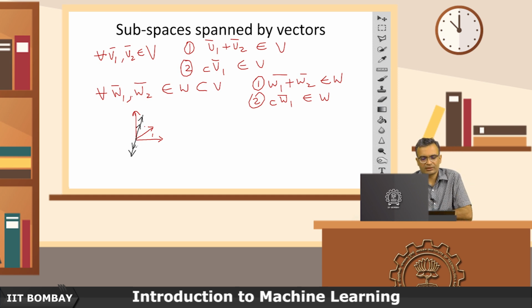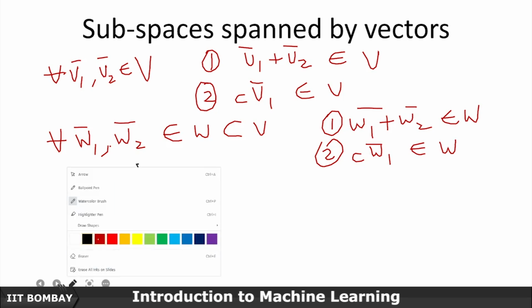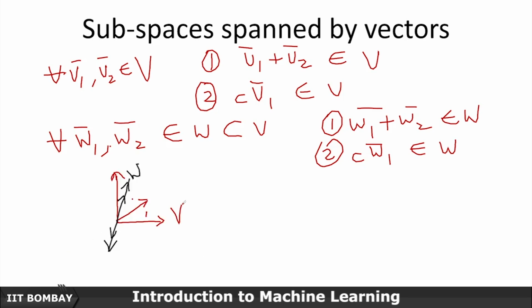So this line is a subset of the plane in two dimensions, but then any vector that lies on this line, if I add them up, they will still lie on the line. If I scale them with a factor c, then they will still lie on the line. So in that case this line could be the vector space W, whereas the two dimensional space that we had would be the vector space V, and W is a subspace of V.